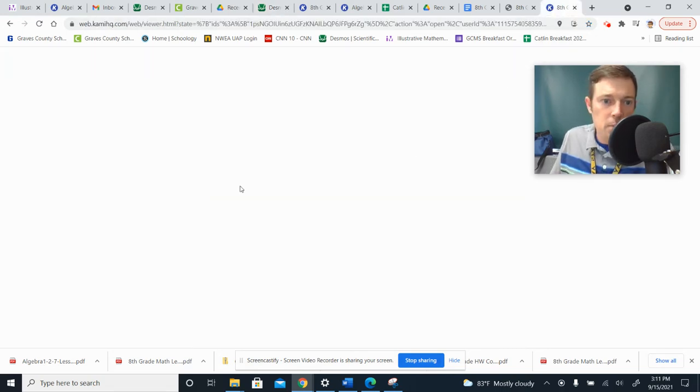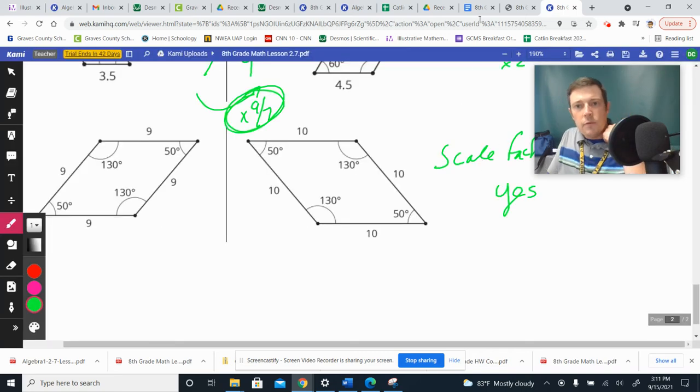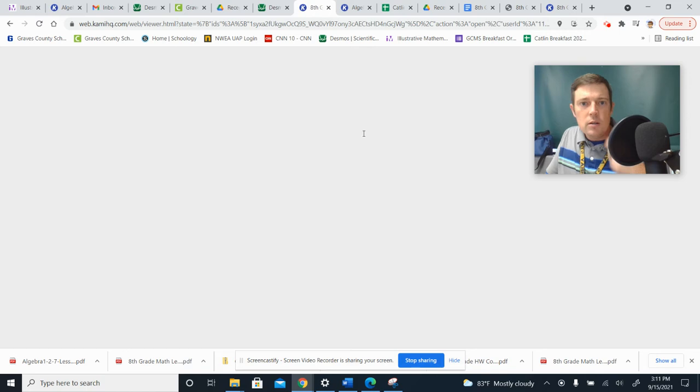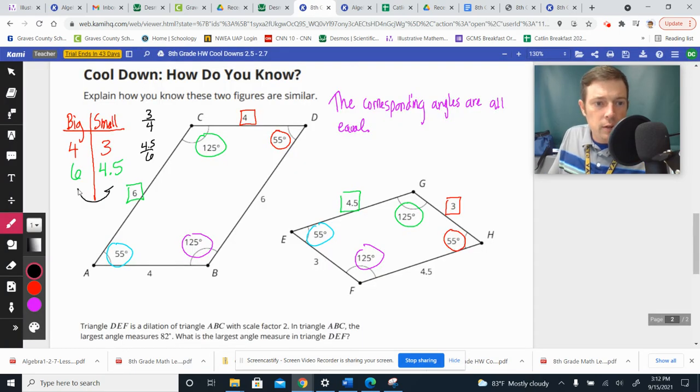So let's go back here. We know that our multiplier to go from one side to the other is simply 3/4 or 0.75. And so, to add to our explanation, we know these are similar.